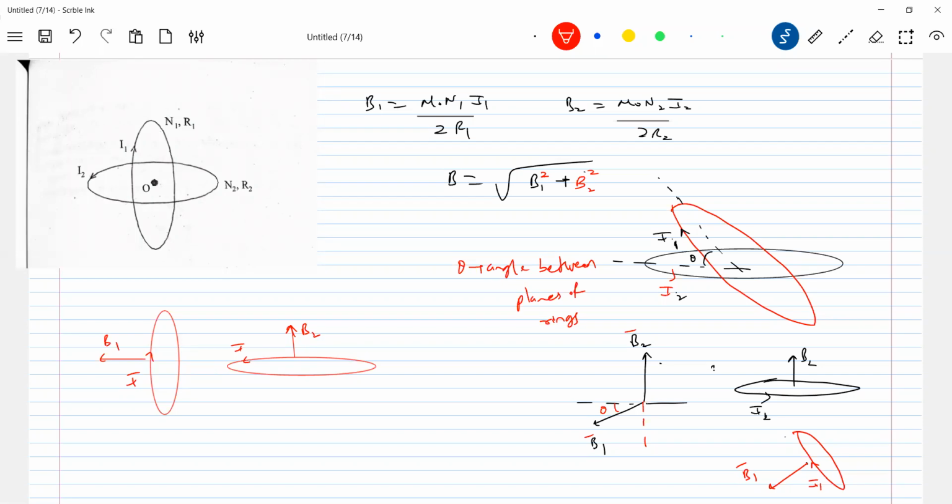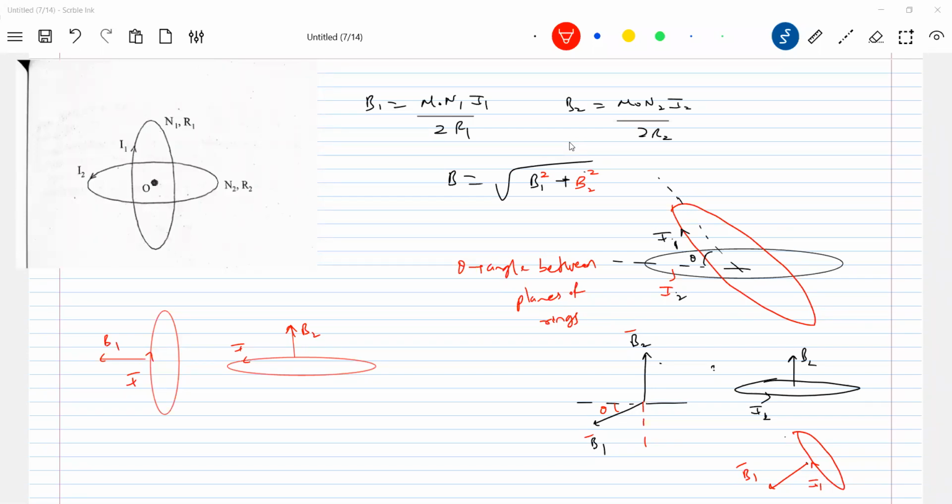This should be theta, no? Or the other angle should be the theta. The angle between them will be 90 plus theta.